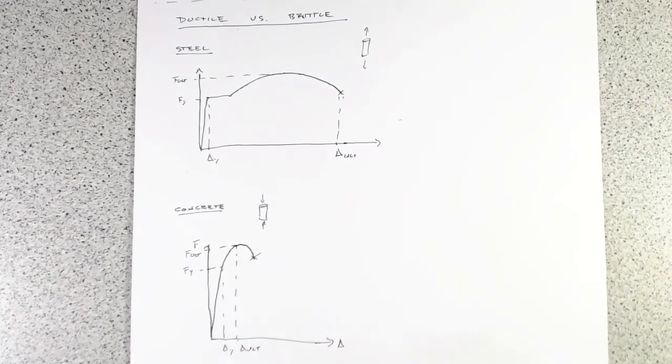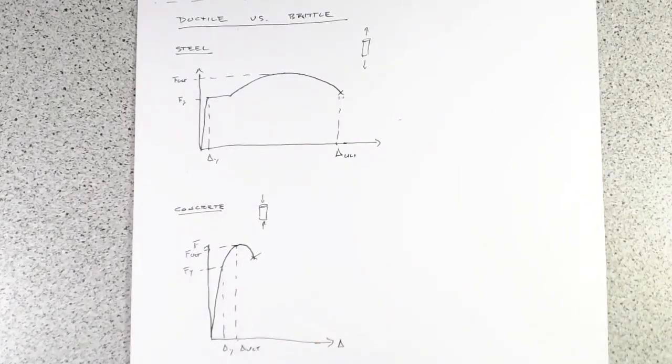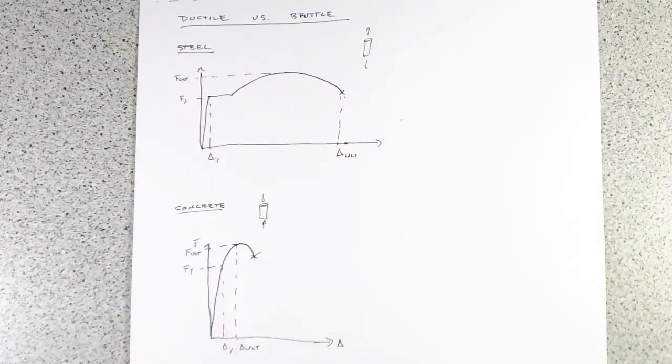Think about concrete like a piece of chalk, where it doesn't take a lot of deformation to snap it. But in order to, say, break a paperclip, you've got to really bend it around. You can bend it 180 degrees back on itself, and it still won't break on you. This is the difference between a ductile material and a brittle material.